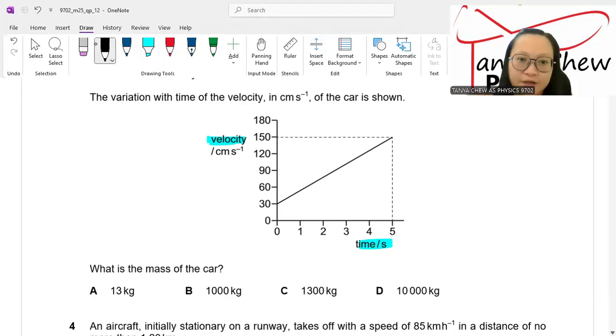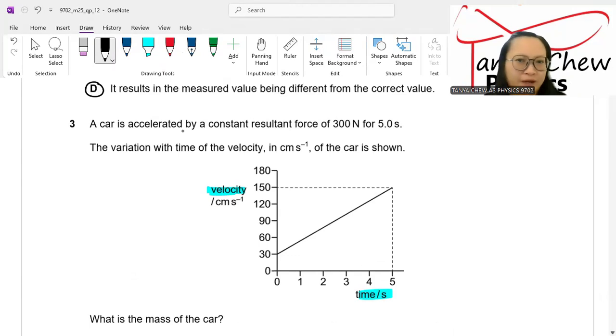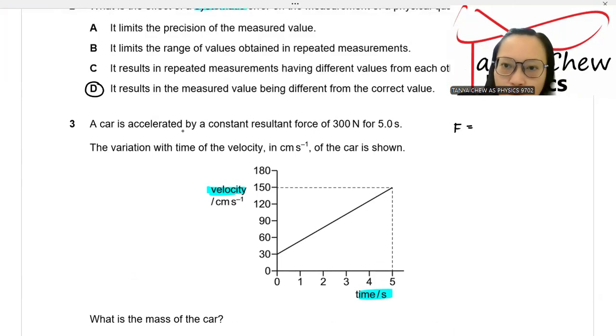If you want the mass, and velocity is being given and the force is being given, try to think it easier. What have you learned in IGCSE? F equals ma. You see that? So as long as you have acceleration, you can find the mass of the car.